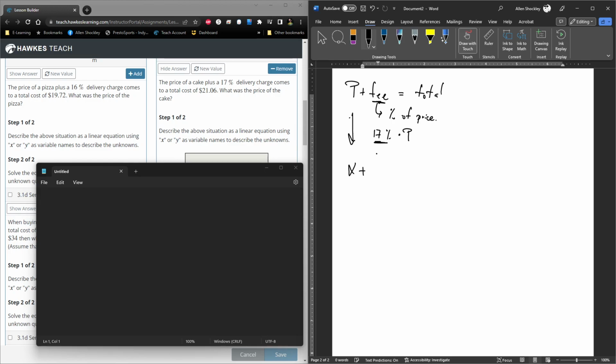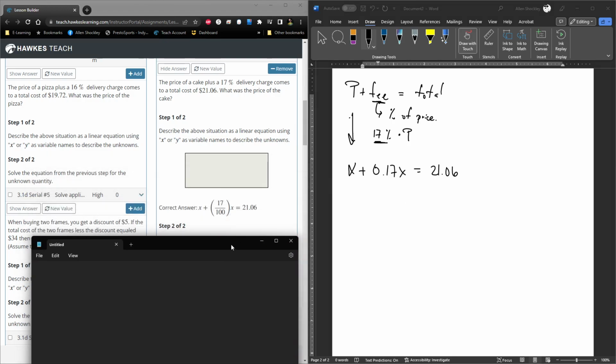But again, 17% doesn't work. We need that as a decimal. So 0.17 times P, or just for us, we're going to say x, because x is P. It's a little confusing. Normally I would just use P, but here we are. Equals my total of 21.06.